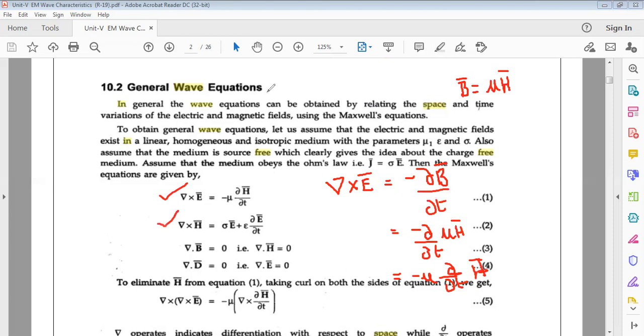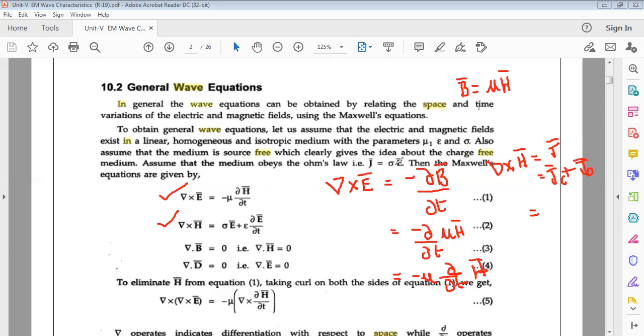The second one is from the modified Ampere circuit law. Del cross H bar is equal to J bar. The J bar is a combination of the conduction current density, JC bar, and displacement current density, JD bar.